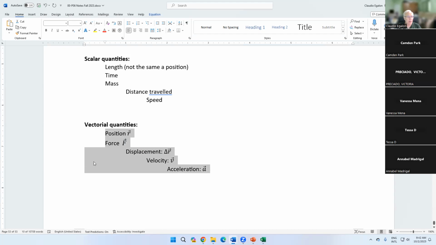Here we have the average velocity plus instantaneous velocity, and here the average acceleration plus the instantaneous acceleration. So if we count, it's 1, 2, 3, 4, 5, 6, 7 vectorial quantities. We will look into that in more detail further down the line. I'm not going to talk about force yet.